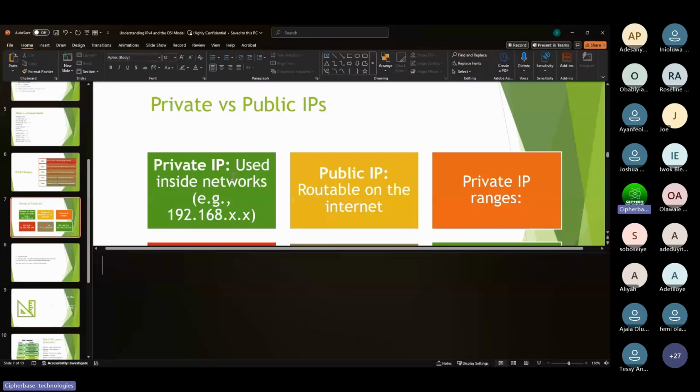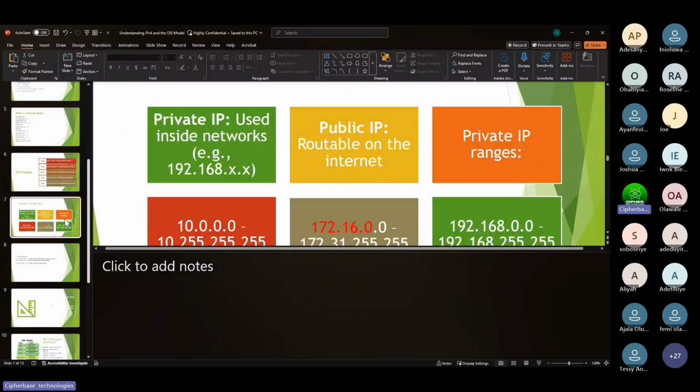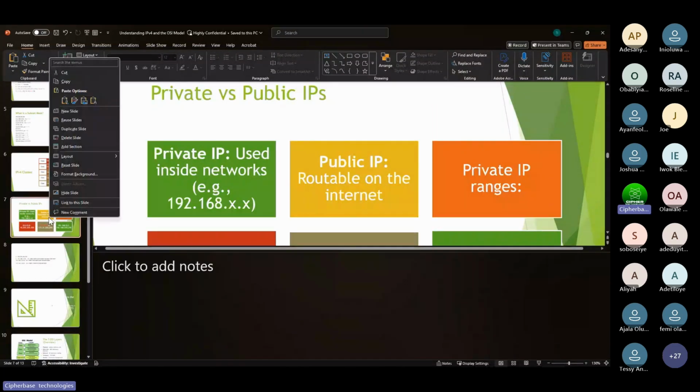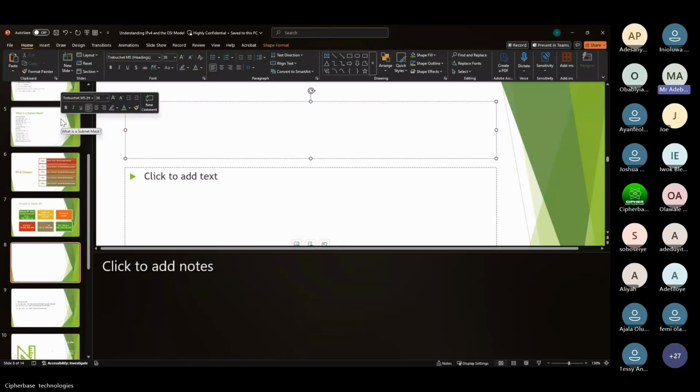So let's proceed, and I will explain how you can distinguish between private IP and public IP. Since we cannot highlight from here, let me create another slide: the private IP addressing system.